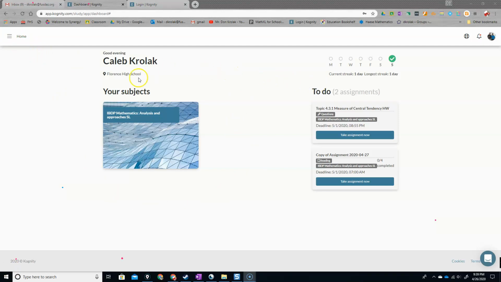So once you're in, I would change your password to something that is easier to understand if you need to, or if you logged in using Google, just use that password.